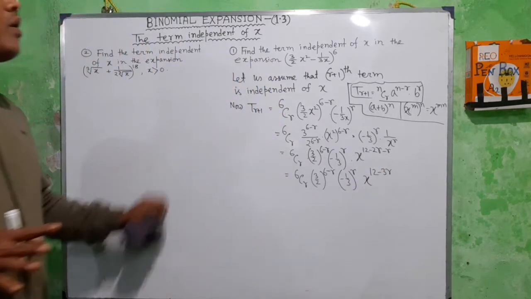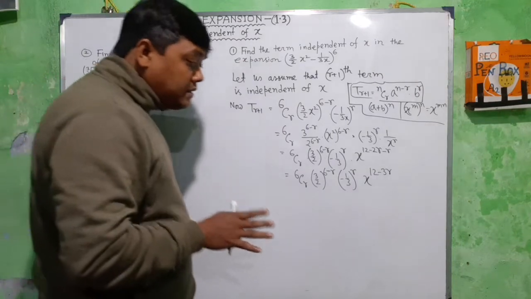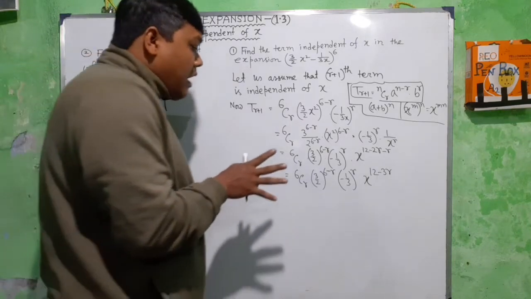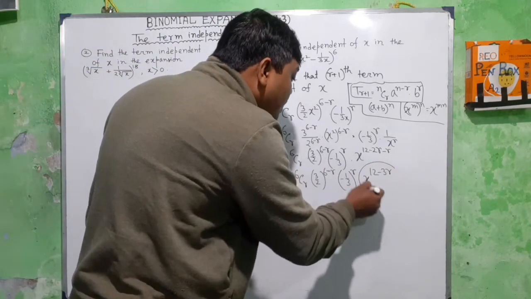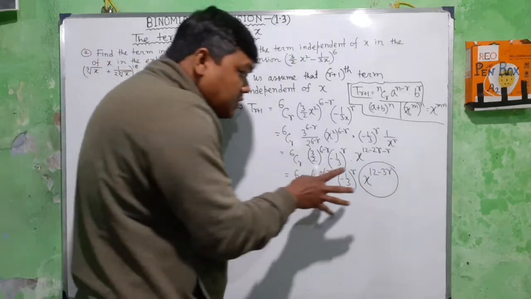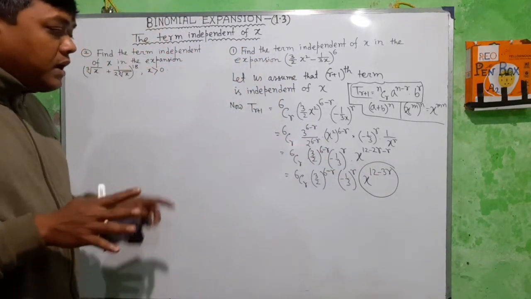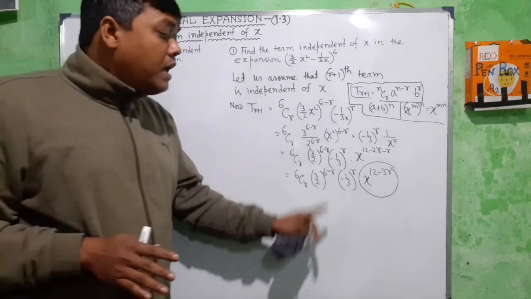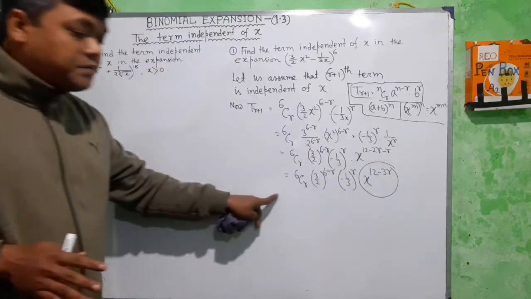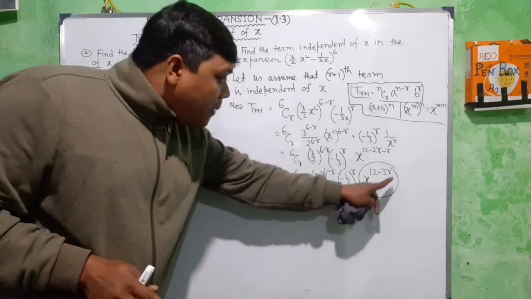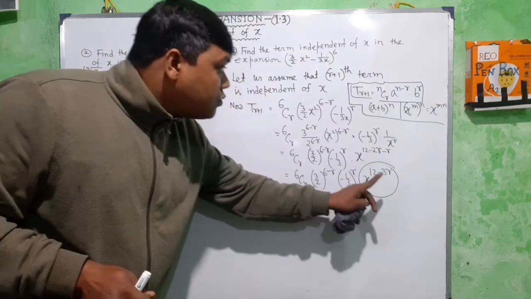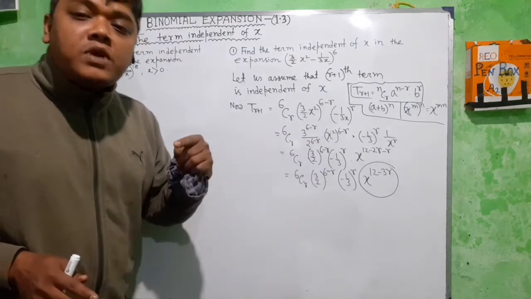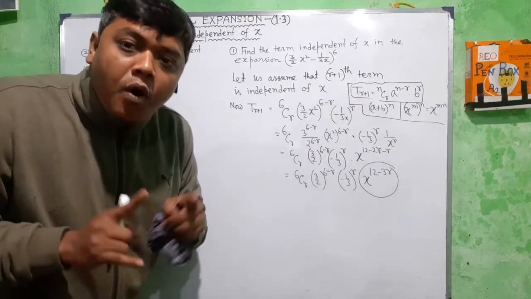Now according to our assumption, this term is independent of x. That's why this term is free from x. So how to free it? If this value is 1, then the term contains only the constant part. There is no variable, no x, present in this expression. We have to find the term independent of x, the term which is free from x.